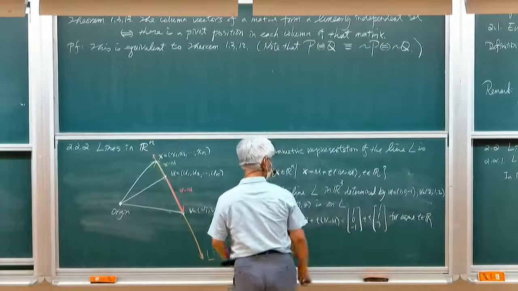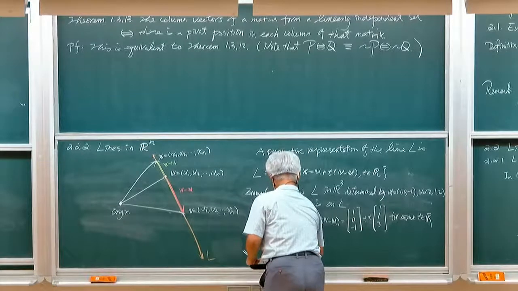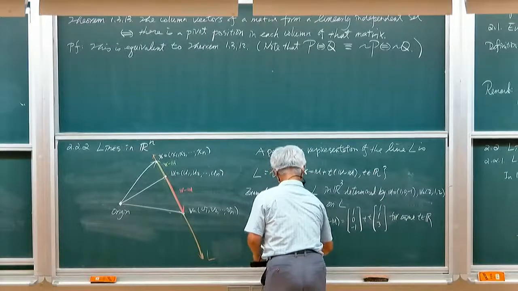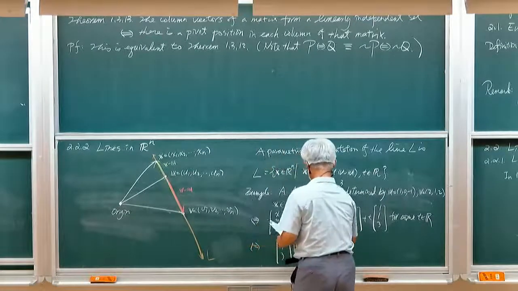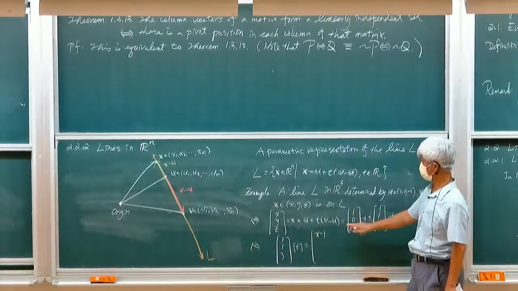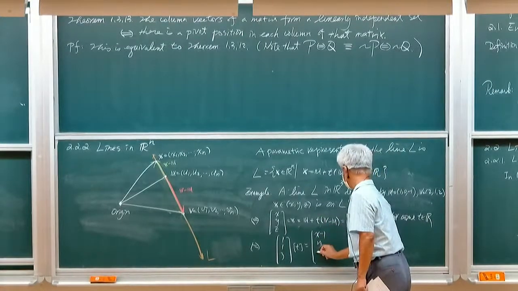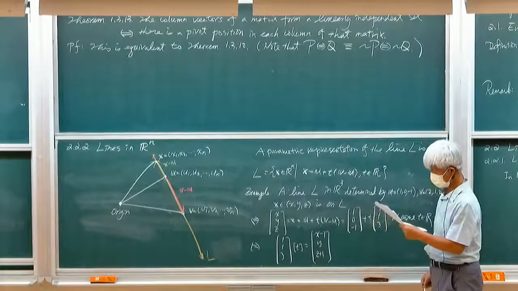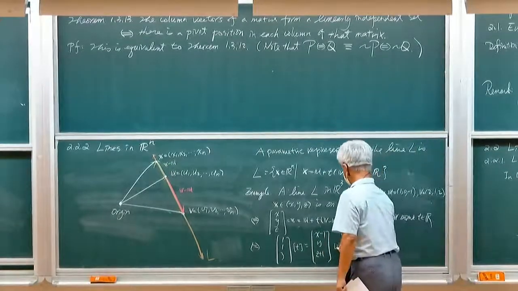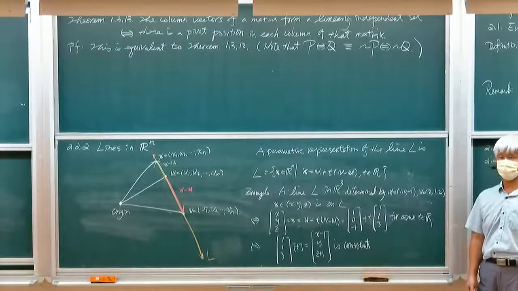Now we can write down x minus 1, y, z plus 1, moving this column vector to the left-hand side. So we consider this linear system, which should be consistent.